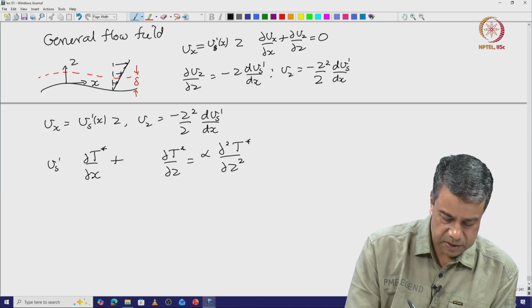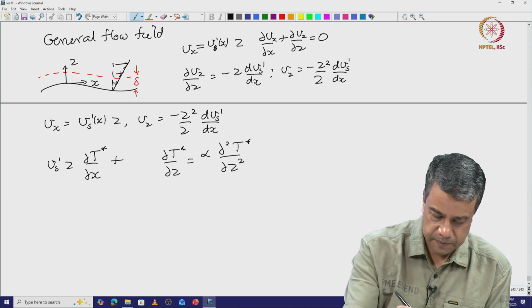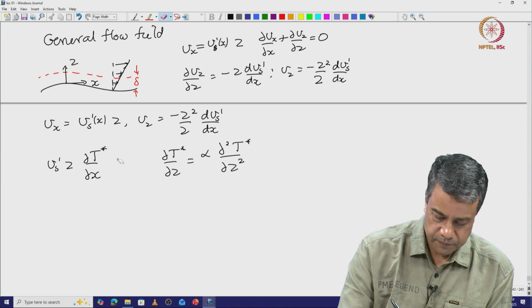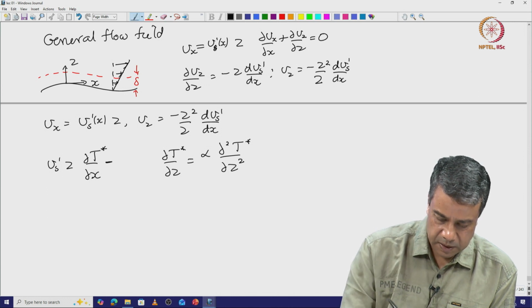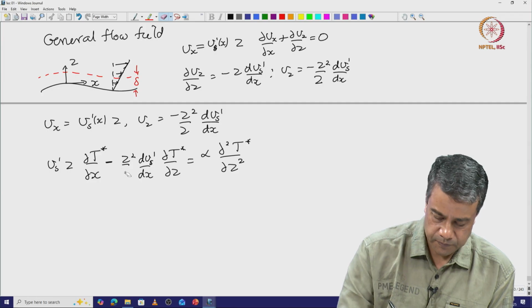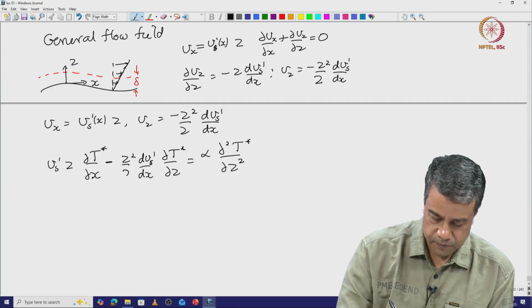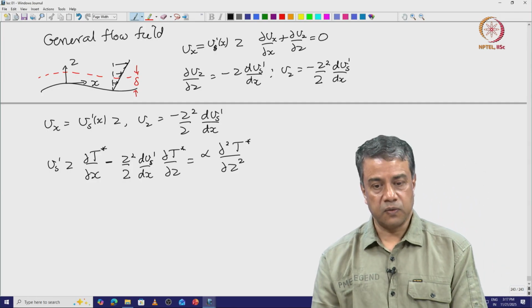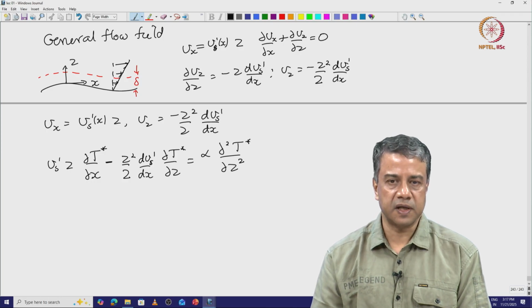Vx is Vs prime z, and Vz has a minus z square by 2 dVs prime by dx. For the flow past a flat plate, Vs prime is a constant.